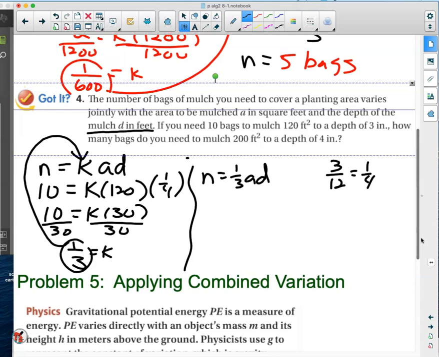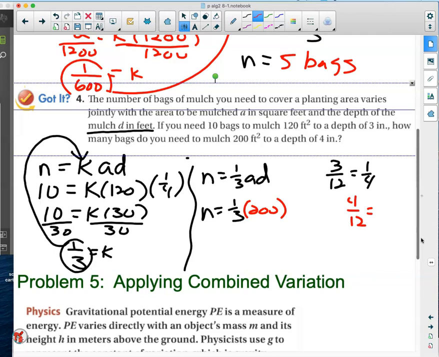All right, so there's our formula. How many bags do you need? Okay, well, that's N. To mulch 200 square feet, where should the 200 go? To a depth of 4 inches. Okay, we can't use 1/4 anymore, right?